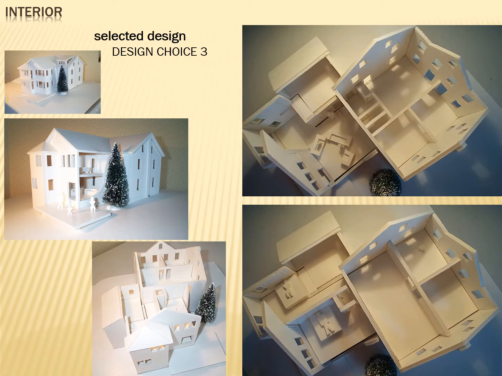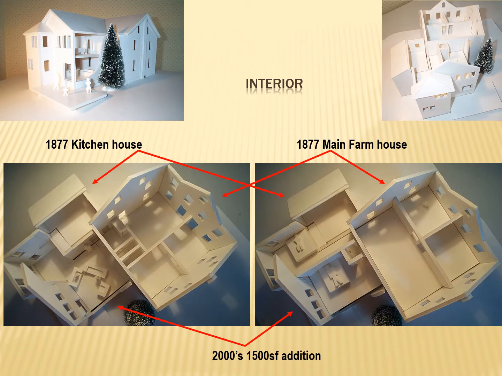So that was the main criteria, even though the shell and how the addition complemented the existing structure, both the vernacular of the existing building and the area and neighborhood, the context of this Amish land. So you can see the upstairs and downstairs of the house, two bedrooms upstairs, living area downstairs.